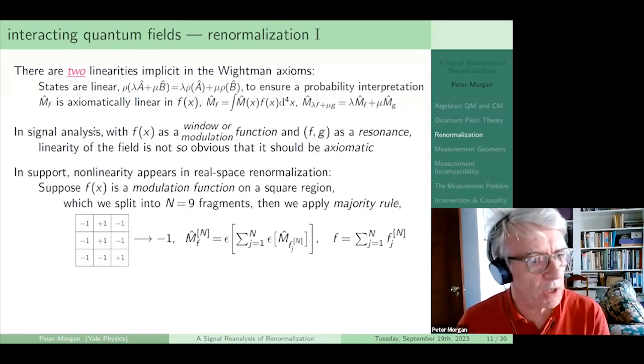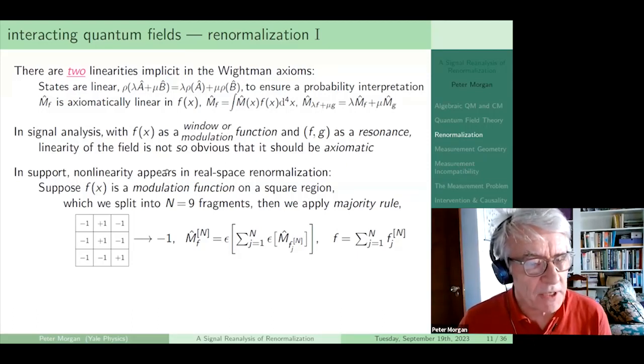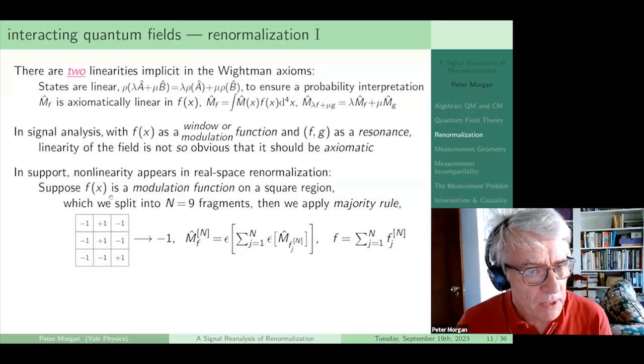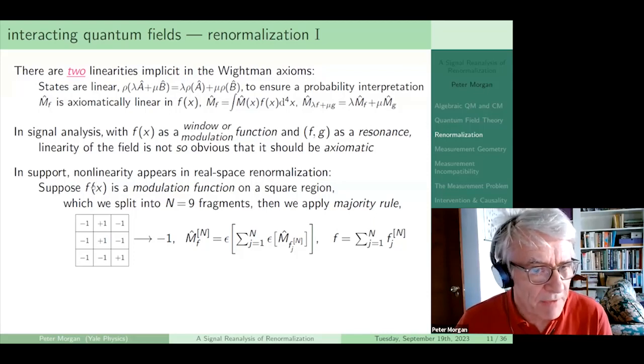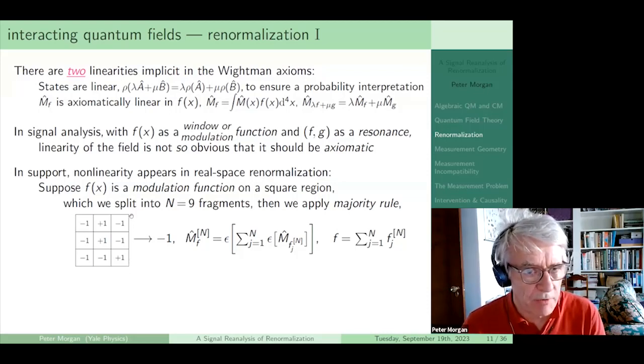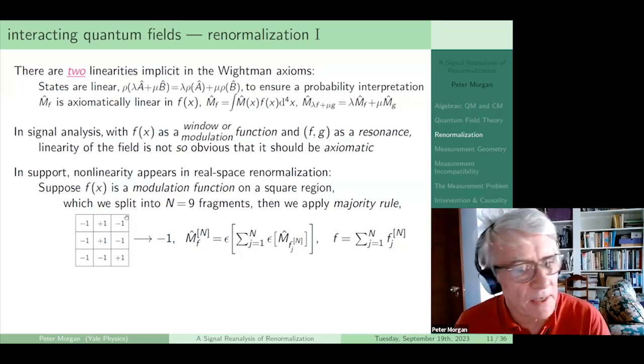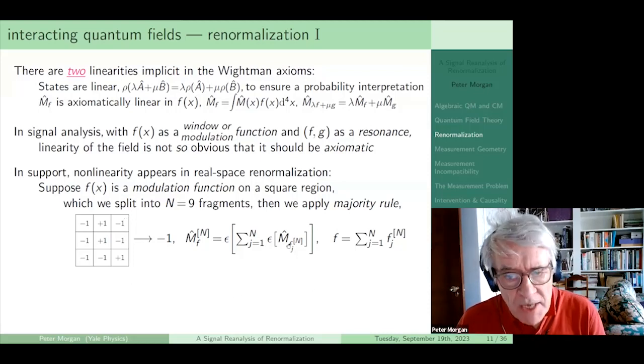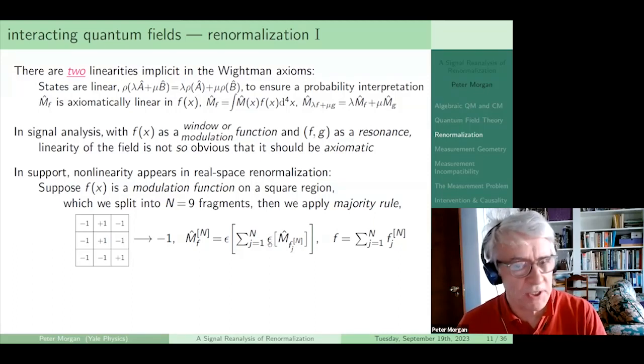Now, that's not a strong argument, I feel, but nonetheless, if we look at real space renormalization, we find nonlinearity in a rather similar sort of way. Suppose f of x is a modulation function that has support only on this square region, and we split that into 9 fragments. Then we measure in each of those 9 fragments what the result of the measurement is, and we project to either plus or minus values.